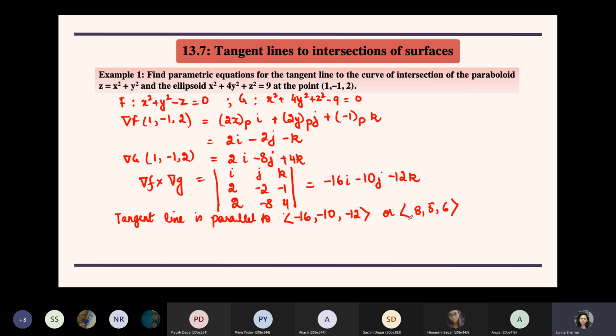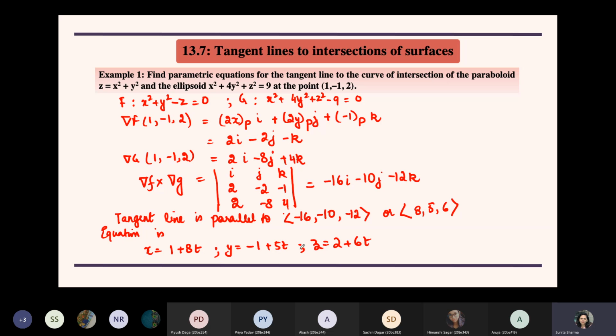So I can use this vector also as the vector which is parallel to your tangent line. The equation of the tangent line will be x equals x naught, x naught is 1, plus the direction times t. Then y is y naught, -1, plus 5t, and z is 2 plus 6t.